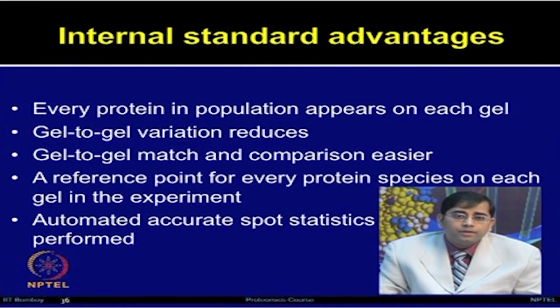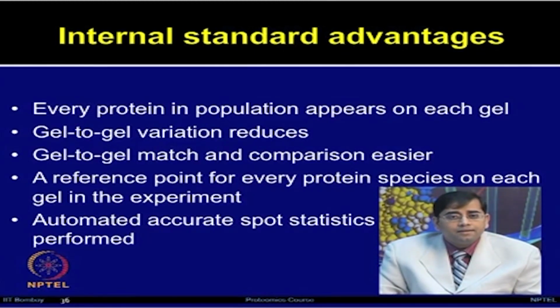So, there is a reference point for each gel already present on your gel, whether it is from any patient or any controls. So, the gel to gel variation will be reduced. Now, gel to gel matching and comparison will be much more efficient and easier.